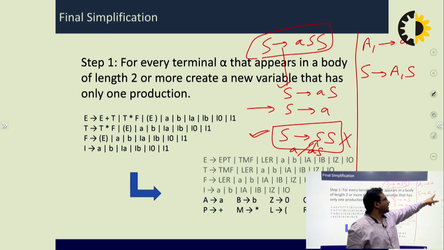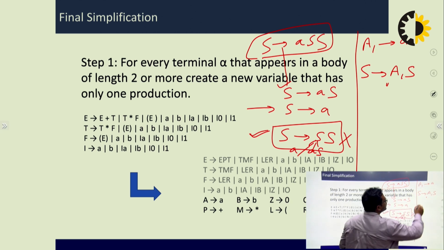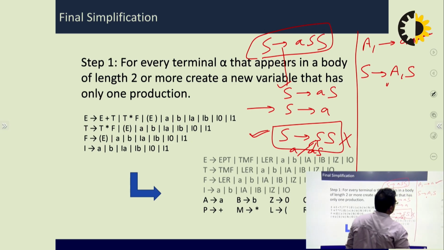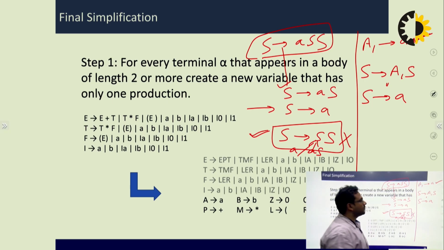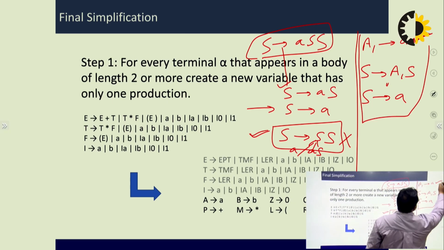S tends to A1S: these are two non-terminals, and this kind of production is in Chomsky normal form. What is A1? A1 tends to A. This new non-terminal also generates a terminal, so this is also in Chomsky normal form, and this production is already in Chomsky normal form. So this is basically the final answer.